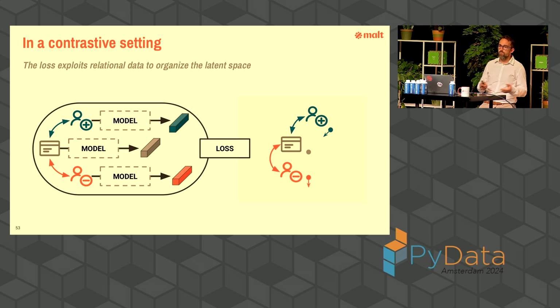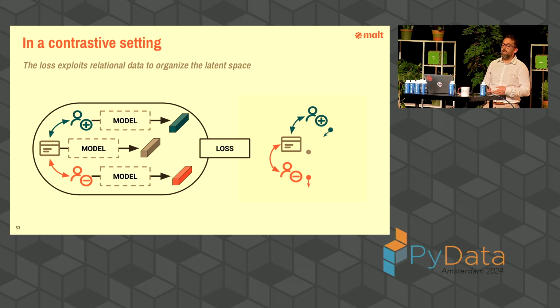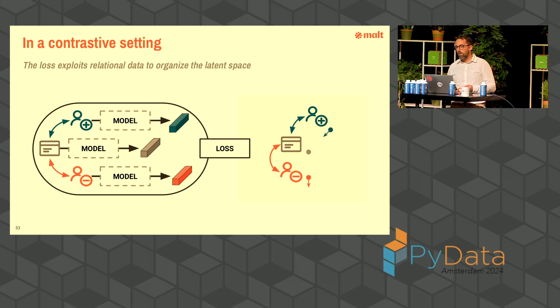What we would do is pass these three entities through the model, get their embeddings, and the goal of the loss is going to be to push away the negative freelancers from the location of the project and bring closer the positive freelancers.